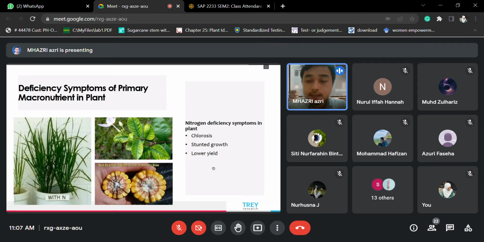The symptoms of nitrogen deficiency are usually chlorosis, stunted growth, and also lower yields. Chlorosis can be a symptom for different kinds of essential elements. Nitrogen, magnesium, sulfur, and iron deficiency will be manifested by chlorosis symptoms.